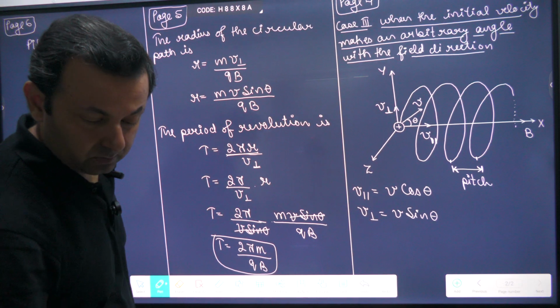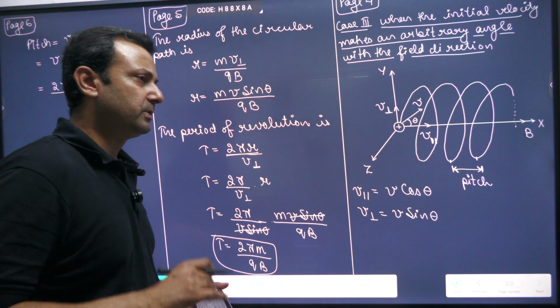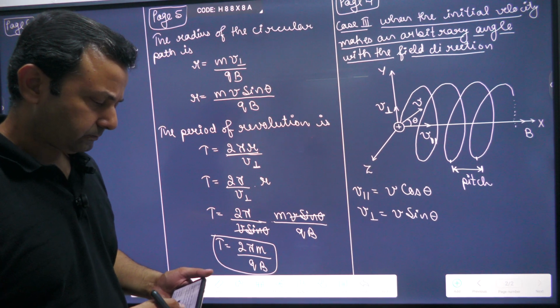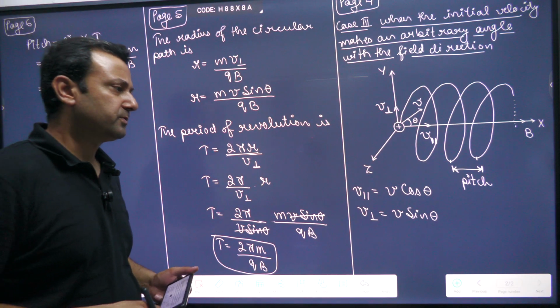Now, on page number 29, motion of a charge in perpendicular magnetic and electric fields. We are going to consider the motion of a charge in perpendicular electric and magnetic fields. This topic is also known as the velocity selector.